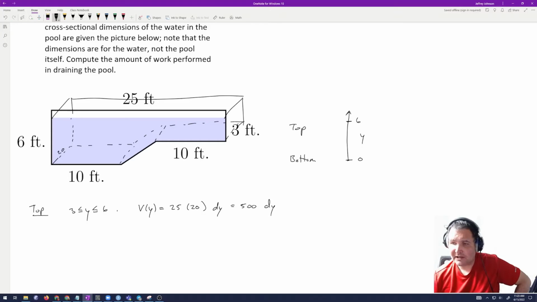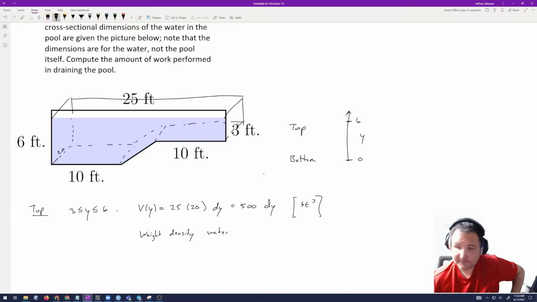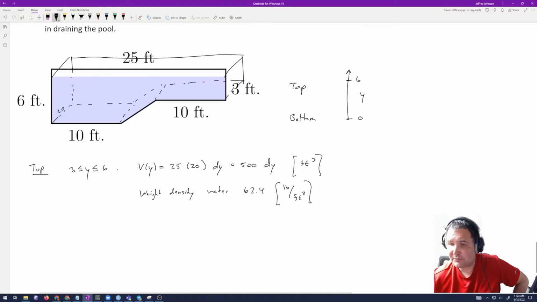So that's great. So that's the volume. And what are the units? I'm going to write units in square brackets, which is kind of common. That's cubic feet. Right? Volume we're thinking about in cubic feet. But this is water, so we also have a weight, the density of water, which is 62.4, and the units for that are pounds per cubic foot. So what do we do to get the force, in pounds?